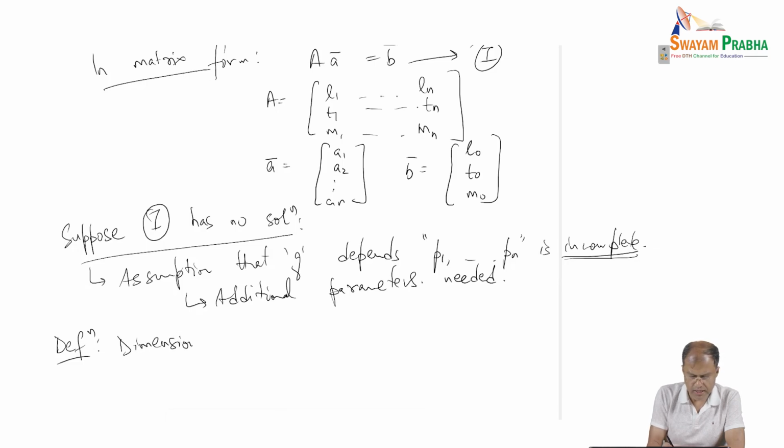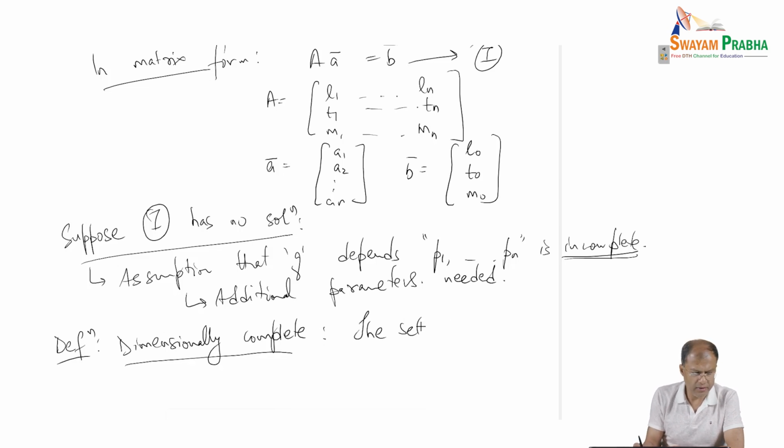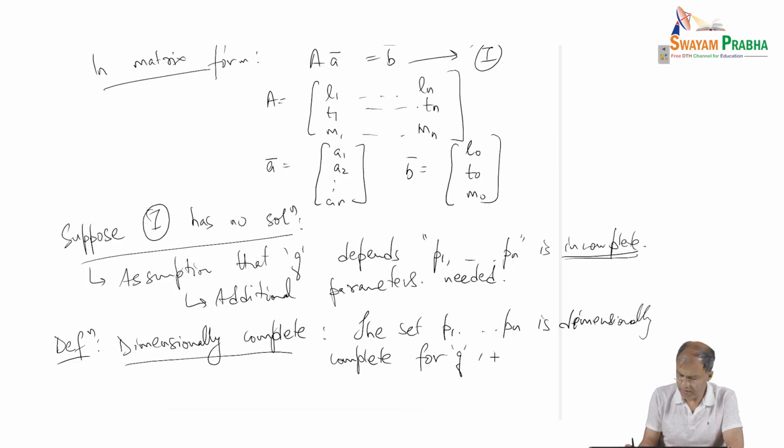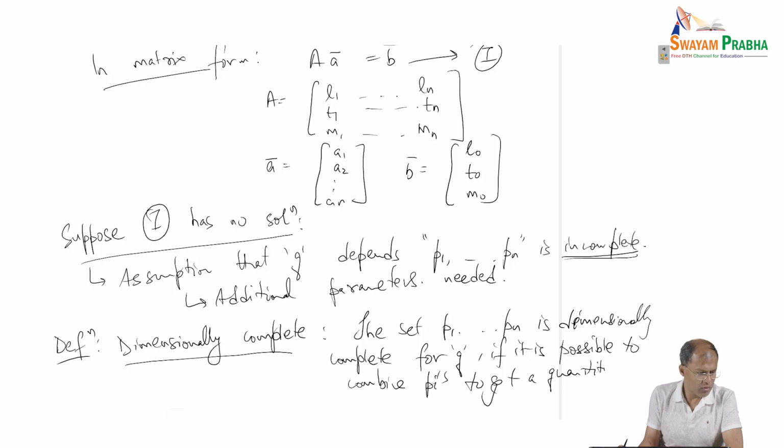Dimensionally complete system. The set P1, P2, up to Pn is dimensionally complete for Q if it is possible to combine the Pi's to get a quantity with the same dimension as that of Q, right?